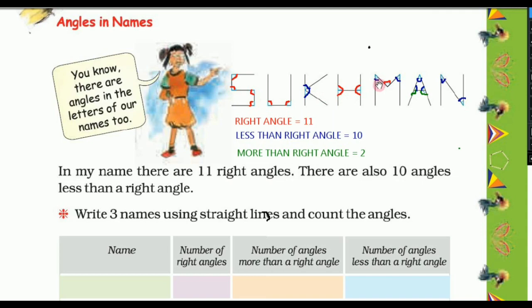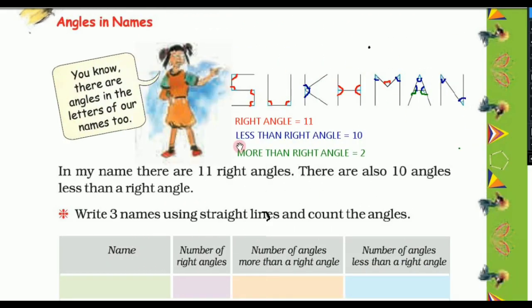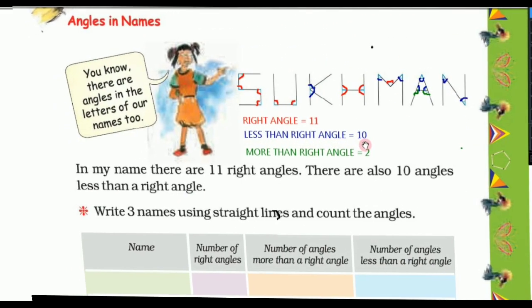So the total number of right angles is 11. Now we are counting less than right angles. So 1, 2, 3, then 4, 5, 6, 7, 8, 9 and 10. So I have written here less than right angle is equal to 10.